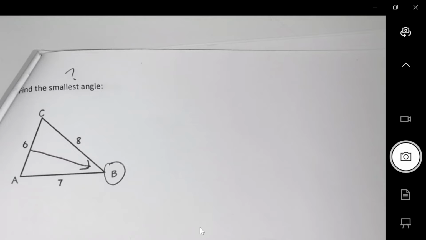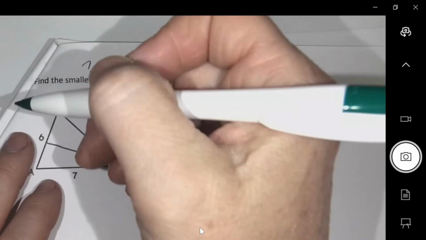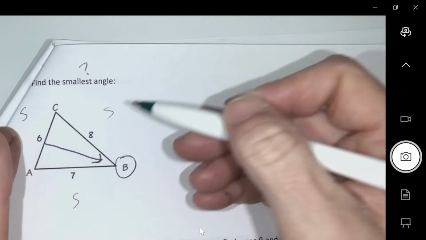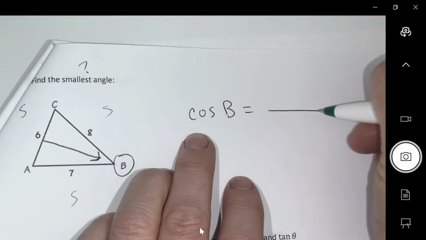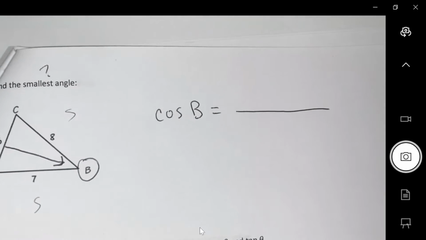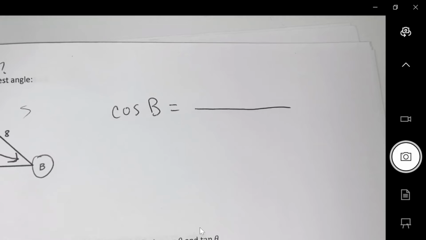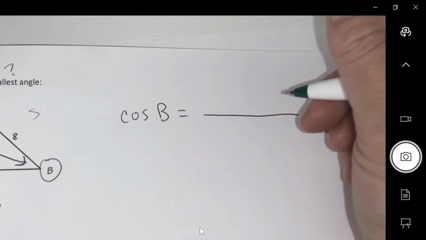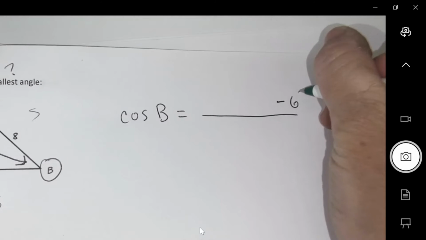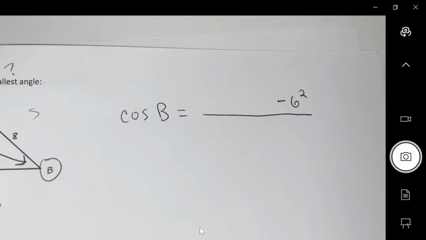Okay, do we have pairs, SAS, triple S? Triple S. So this is the cos of B equals a fraction. Now, when you look at your formula sheet, the most important thing is that you subtract the 6 squared there.